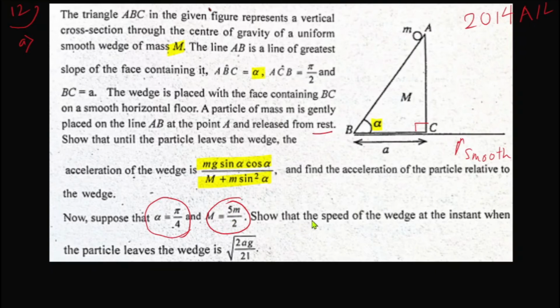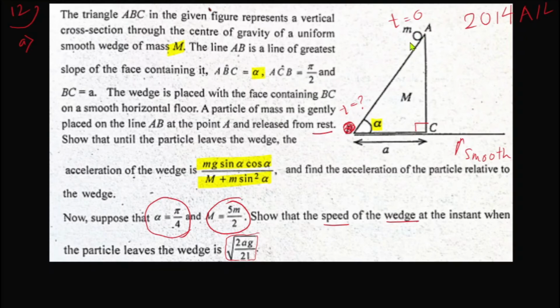And then they are saying show that the speed of the wedge at the instance when the particle leaves the wedge is this much. Okay, we need to first of all find what is the time taken by the particle to reach the bottom, right? If it started at t equal 0, we need to find what was the time taken by the particle to reach the bottom.